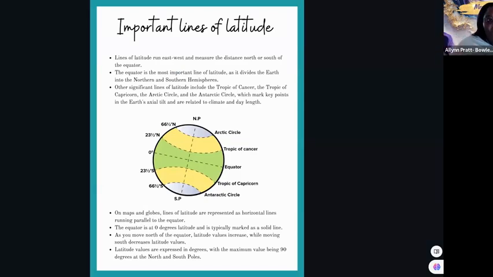There are some important ones that you have to know, especially when you get into mapping skills, but also when you talk about rotation and revolution. So the line that cuts the earth in half equally is called the equator. Then the longitude line that cuts the earth in half is called the... anybody knows?